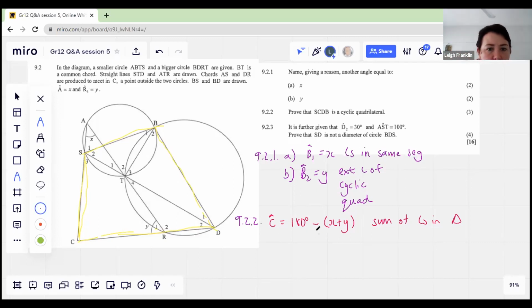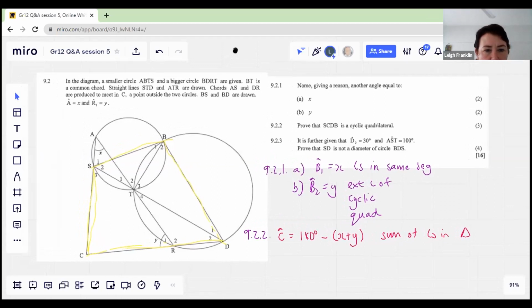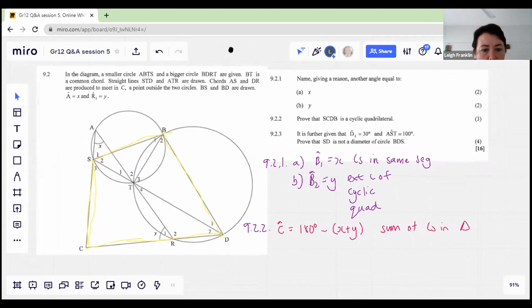What have they told us about? We don't know if BD is a diameter. Is SB a tangent? Hmm.